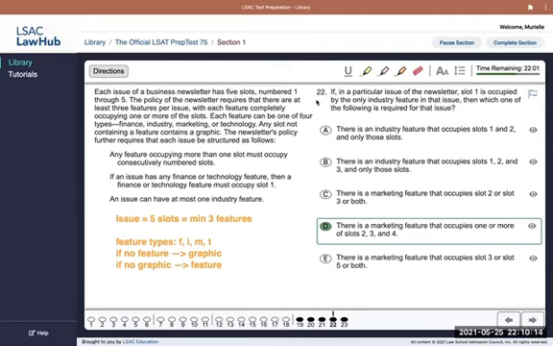That being said, it shouldn't actually make a difference for this. So if you assumed that meant that slot 1 contains the only industry feature and we can't have it continue further, you would still end up having to choose D.